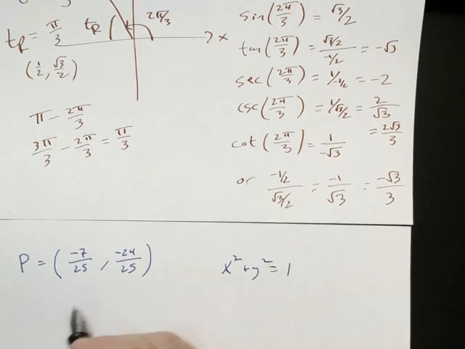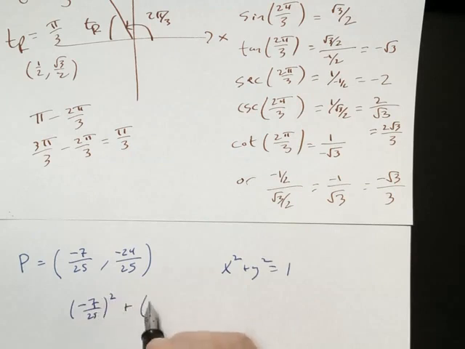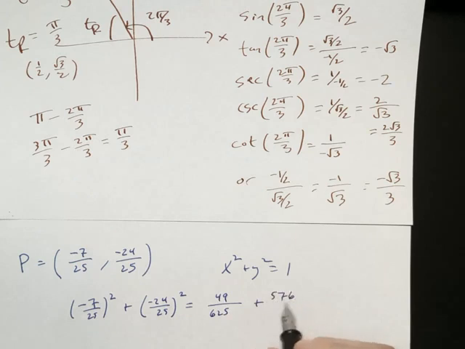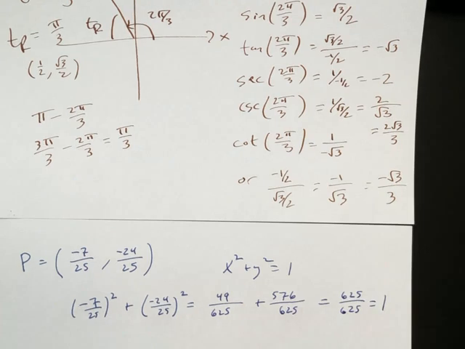So I square my numbers. -7 over 25 squared plus -24 over 25 squared gives me 49 over 625 plus 576 over 625, which is 1. So this is a point on my circle, which means these are the cosine and sine for something. I just don't know what that something is.